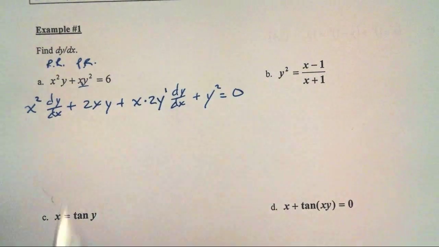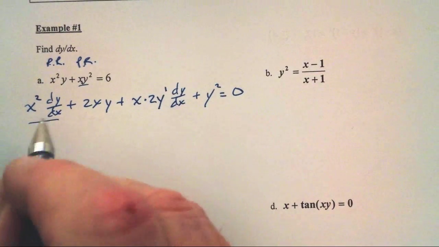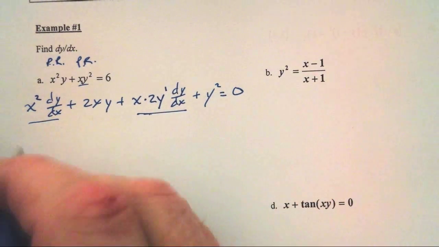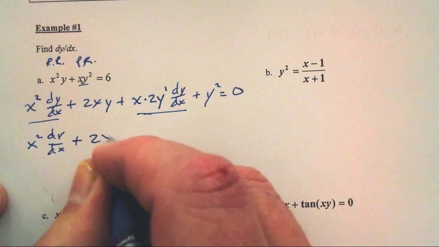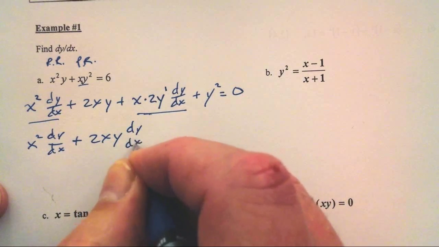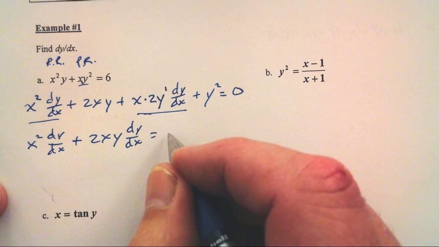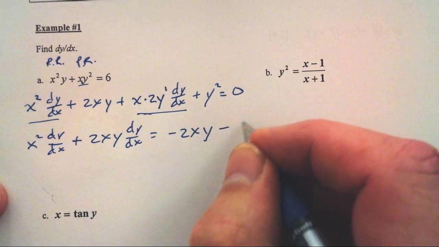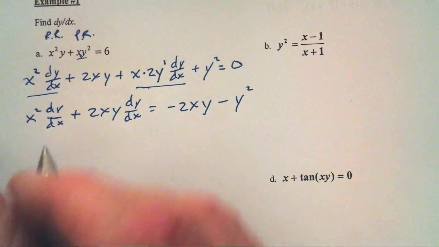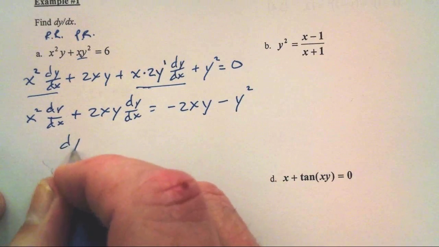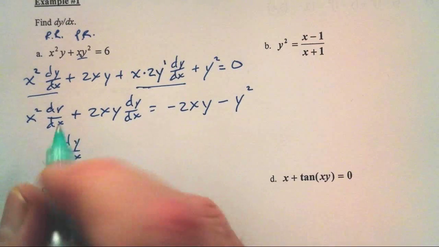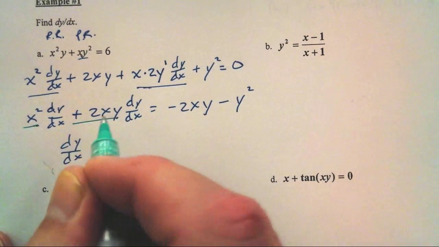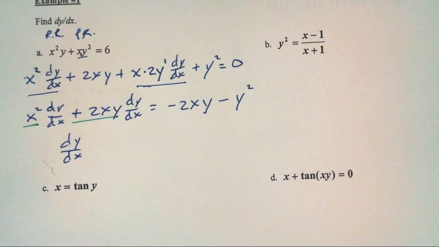Okay, group our dy dx's, and I get x squared dy dx plus 2xy dy dx equals, subtract 2xy, subtract y squared, and now if I factor out dy dx, we'll be left with this and that, which I'm going to divide across to the other side.